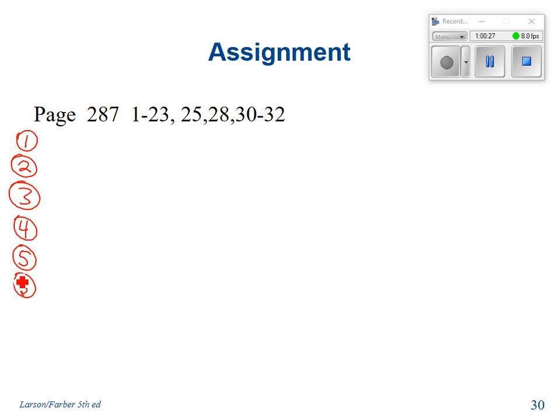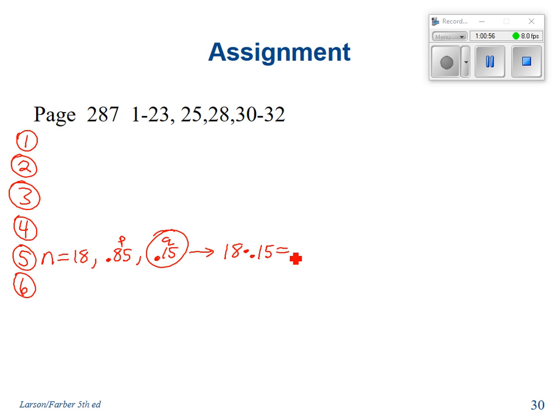Number 5, they tell us n is 18, p is 0.85. Sorry, I'm not writing all this down. Q is 0.15. What do we do to check to see if we can use it or not? Just pick the smallest one, that'd be Q this time, so it's 18 times 0.15.